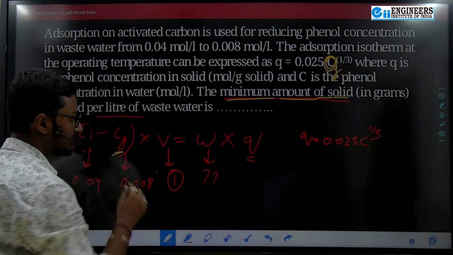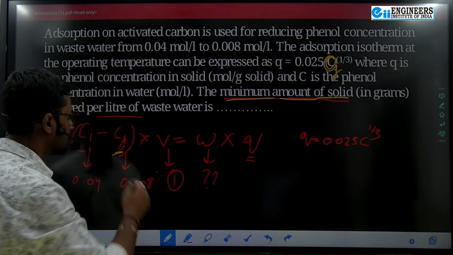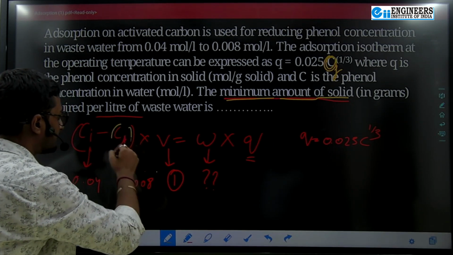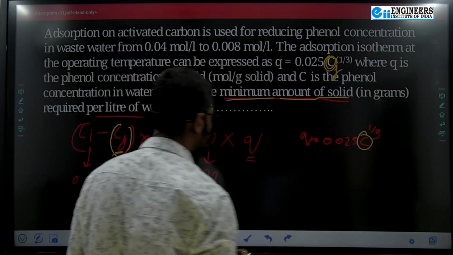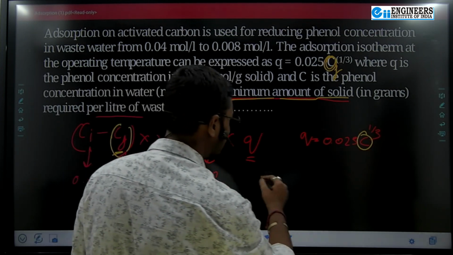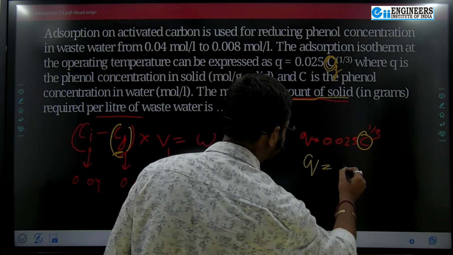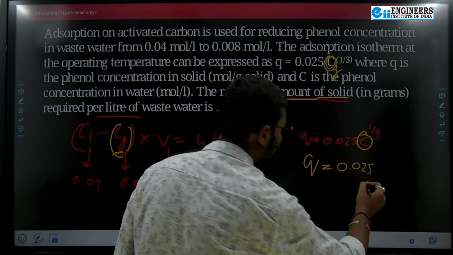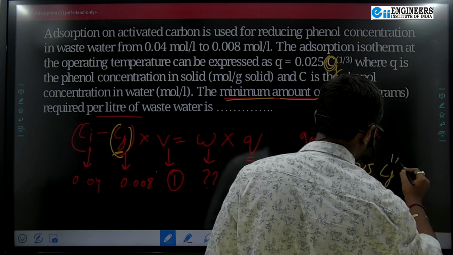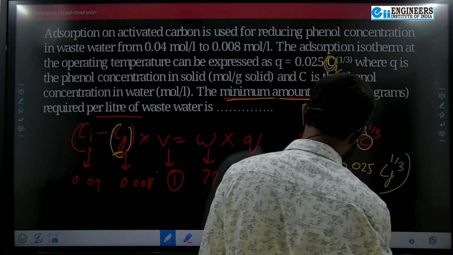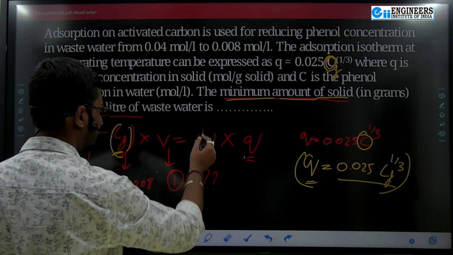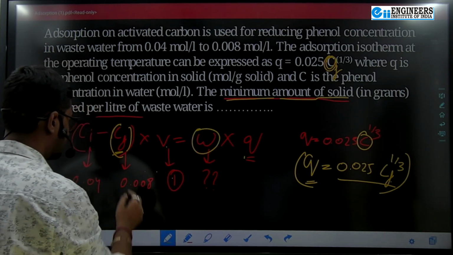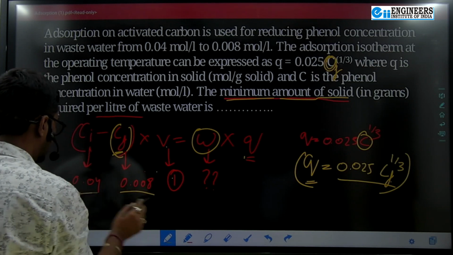That is, once our adsorption is completed, the final concentration of the solute and this C will be the same. Okay, so now let's go forward. We will find Q equals 0.025 Cf to the power 1 by 3. From here we will get the value of Q. Cf we already know. We will put it in this equation and find W. We will consider V as 1. Cf is given and Ci is given.